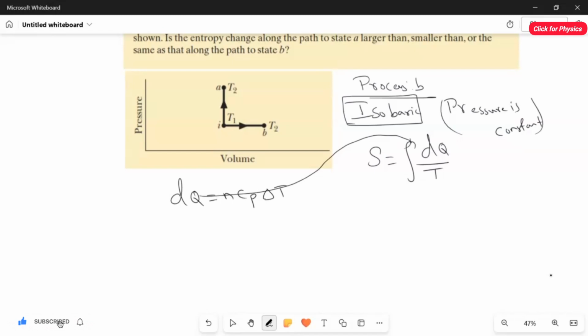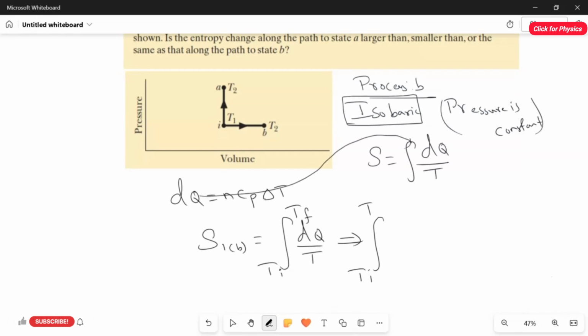If you substitute, you will get the entropy S1 for process B, which is equal to the integration from the initial temperature to the final temperature of dq over T.